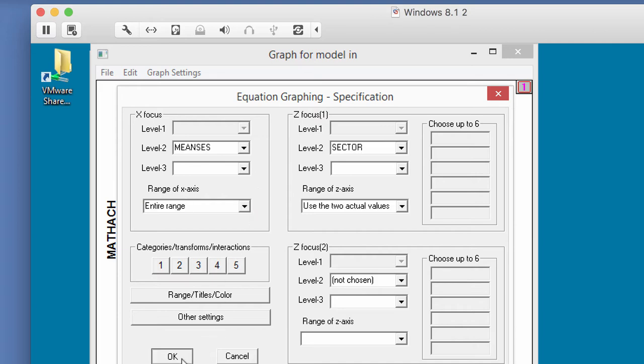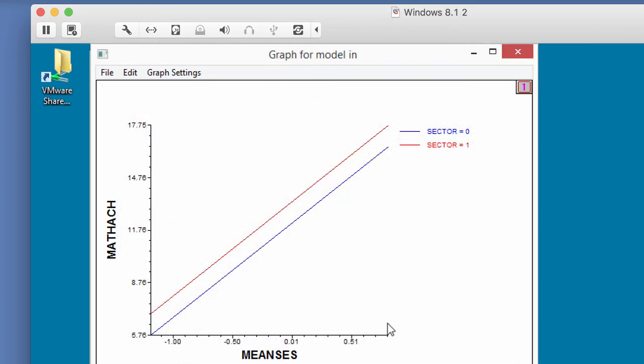When I go OK, you can see that public schools have lower math achievement in terms of their average math achievement across the range of schools than Catholic schools. They have higher math achievement. So this is another way that we can represent our data graphically.